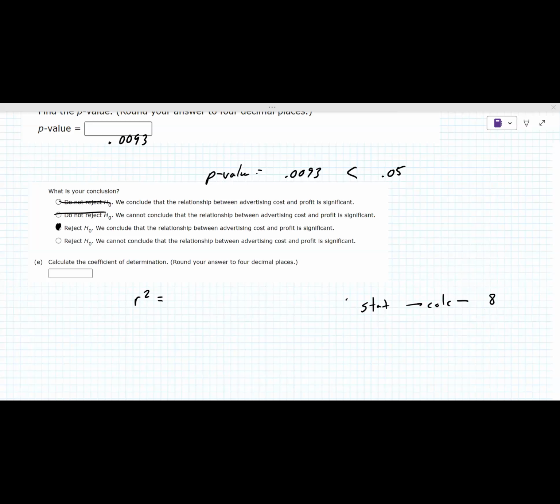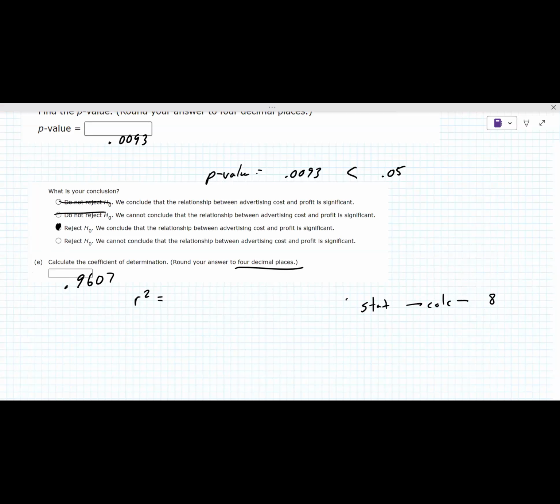So in this case, I've got 0.96. Yes. 4 decimal places, 07. All right.